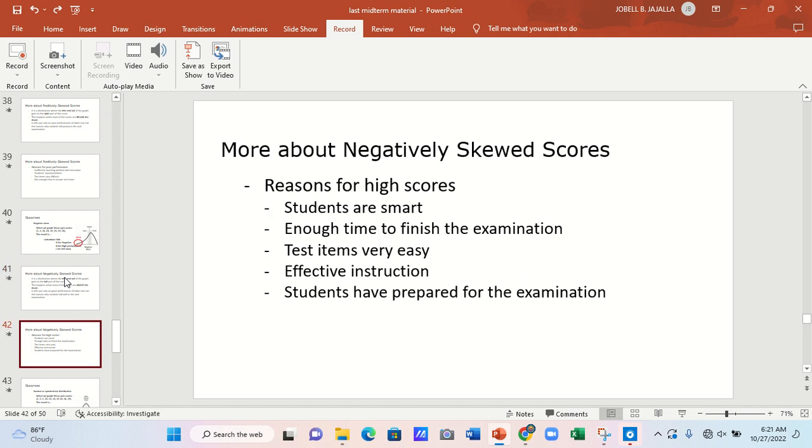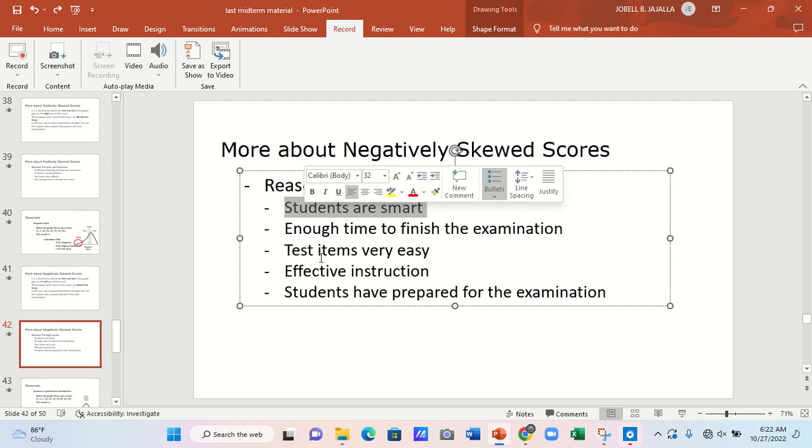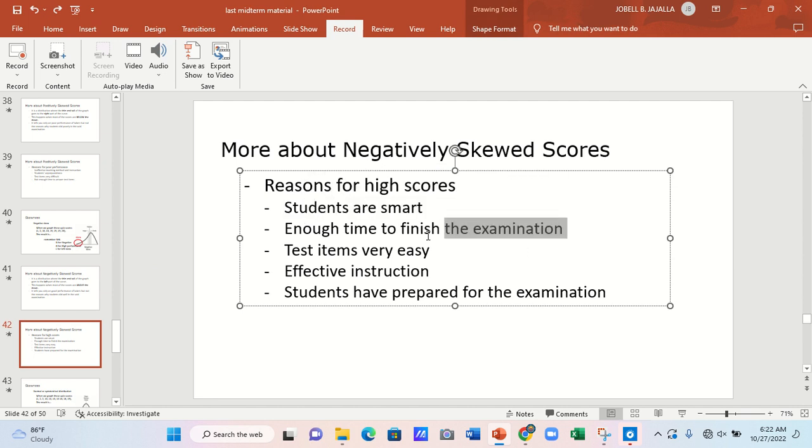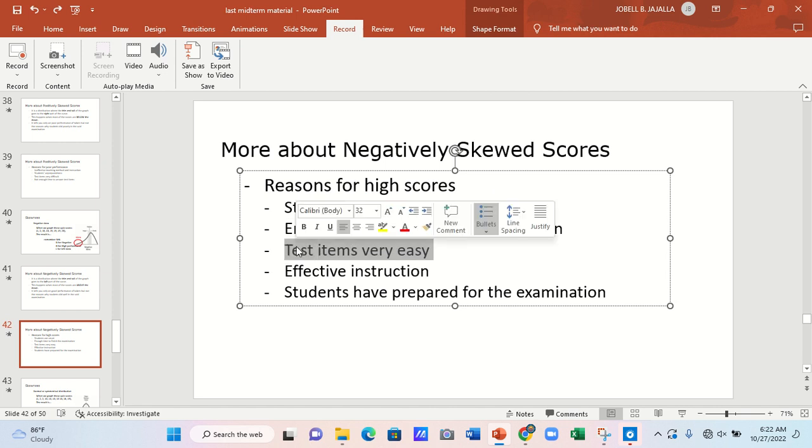So what are the possible reasons for negatively skewed scores? One is that students are smart, okay? Second is enough time to finish the examination. Third is test items may be very easy. So kani siya dili ni siya maayo kung very easy. Okay?